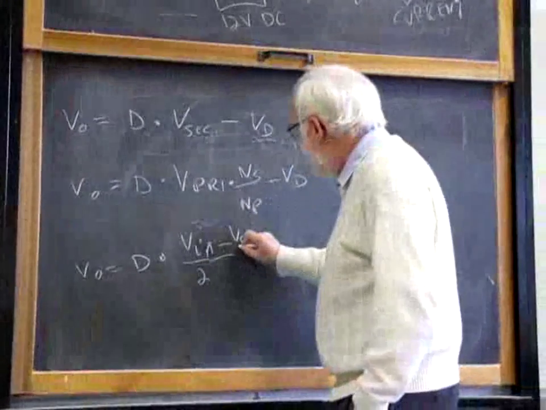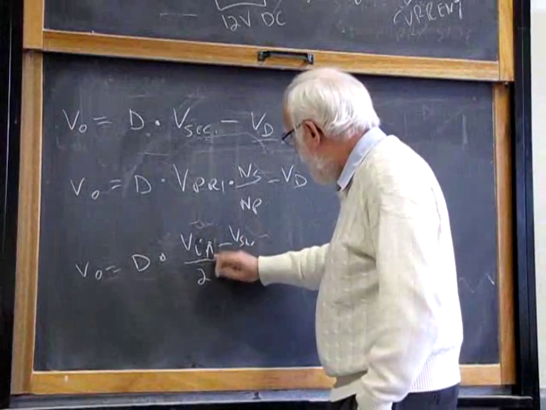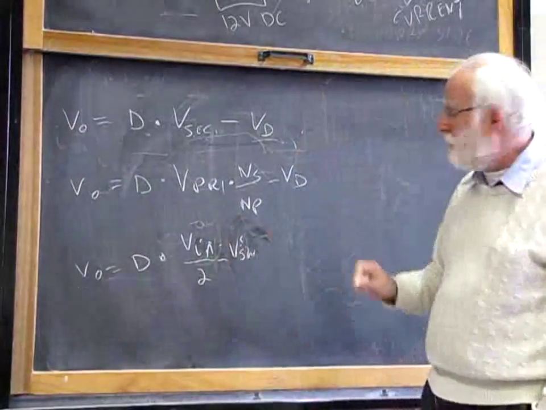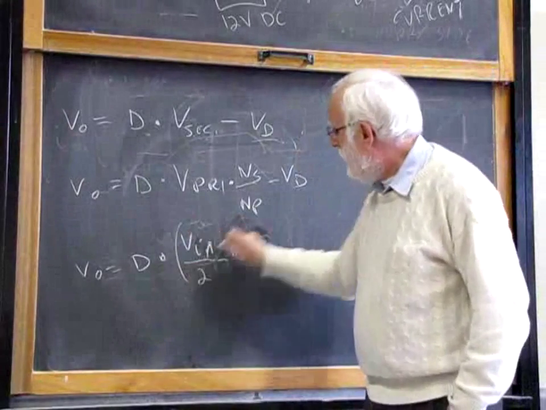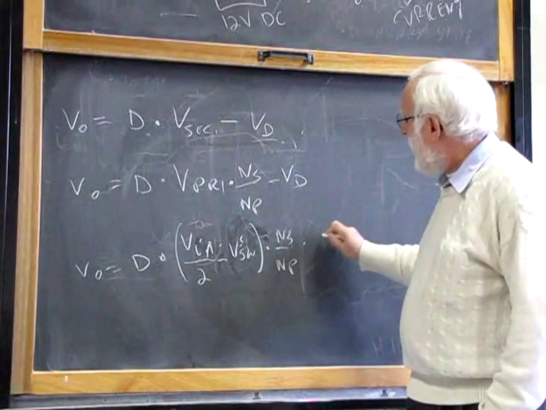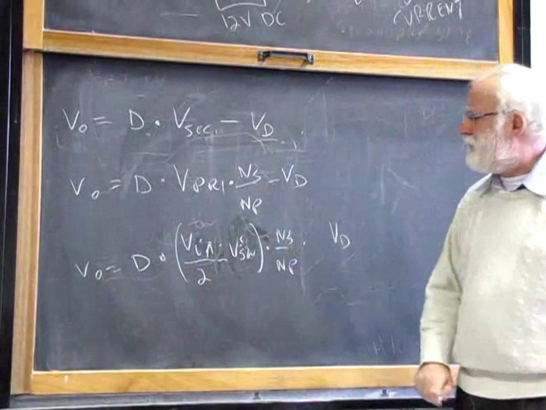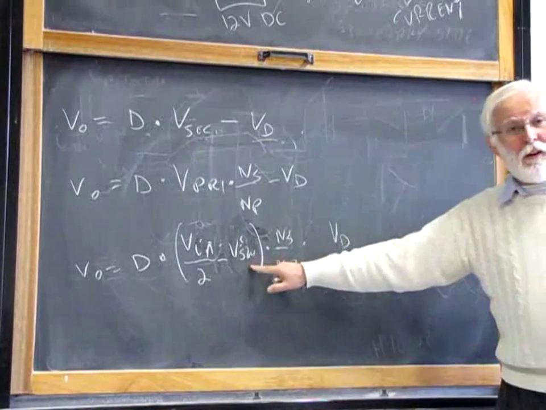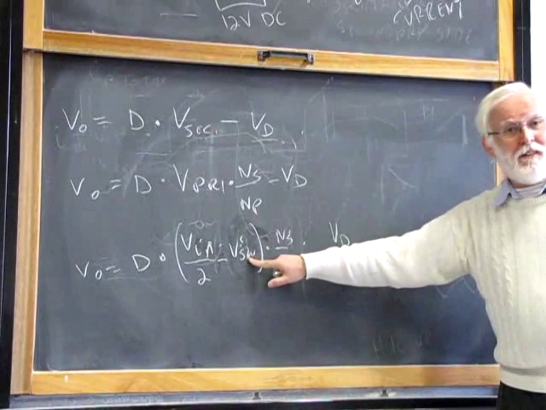So, V in over 2, sorry, minus this switch, because this switch is there no matter what, times Ns over Np, minus Vd. Oh, we have only one switch in series.